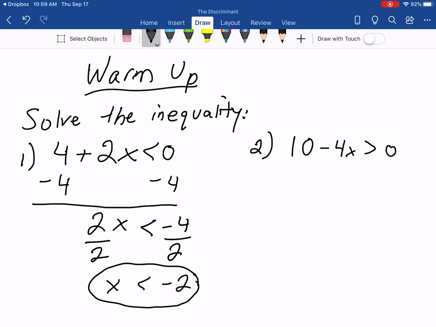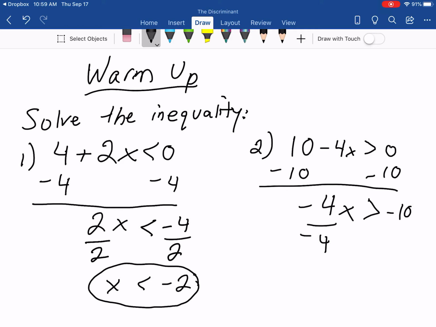Number 2 is where I assumed you might need a refresher. So, of course, we're going to start by subtracting 10 from each side. So negative 4x greater than negative 10. And we'll divide each side by negative 4. What you hopefully remember is because we're dividing by a negative, right?